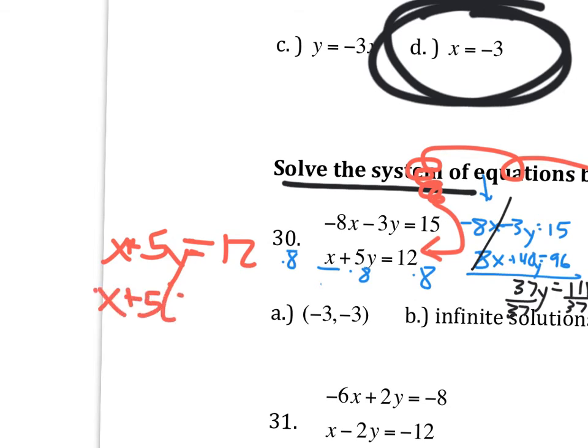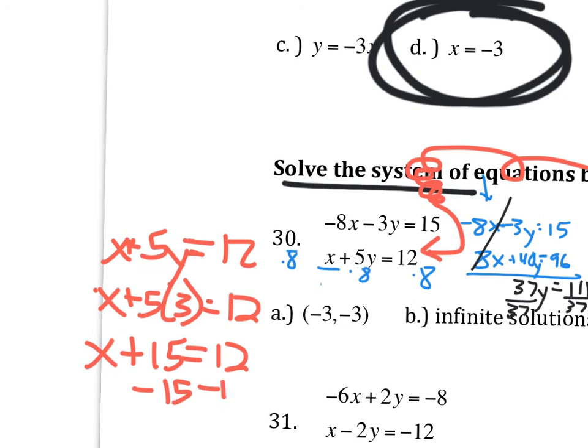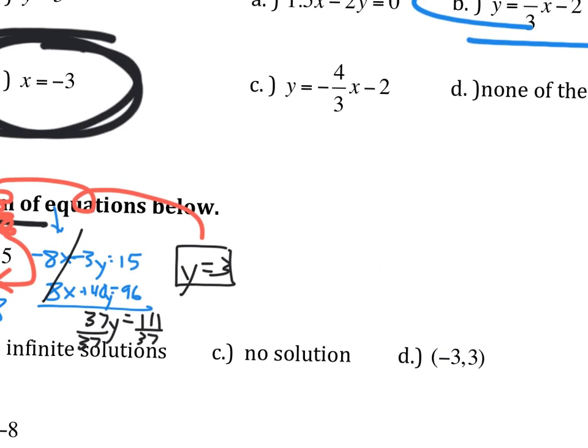It's actually 3. We just found that out. So, x plus 15 is equal to 12. Subtract 15. Boom, give me that, negative 3. What answer has negative 3, 3? Answer D.